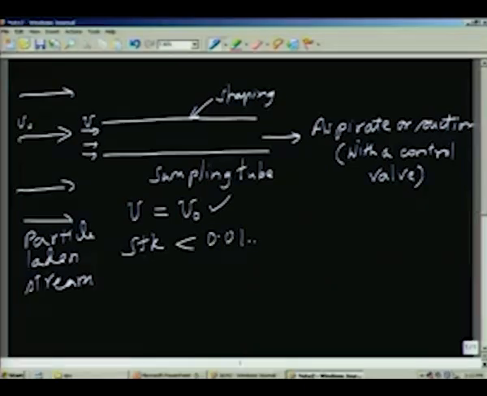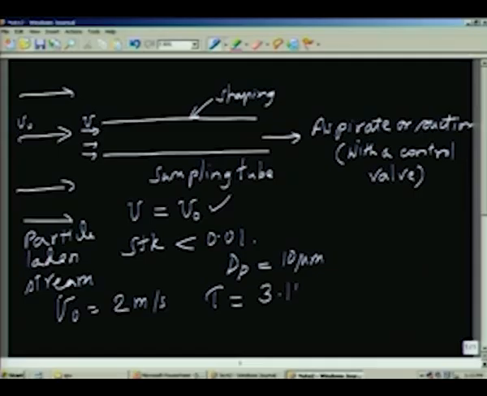In this case, we are given that the velocity u naught is 2 meter per second, and for the 10 micrometer particles, this is for dp equal to 10 micrometers, fairly large size particles, tau is given as 3.11 into 10 to the power of minus 4 second, almost 0.3 millisecond.